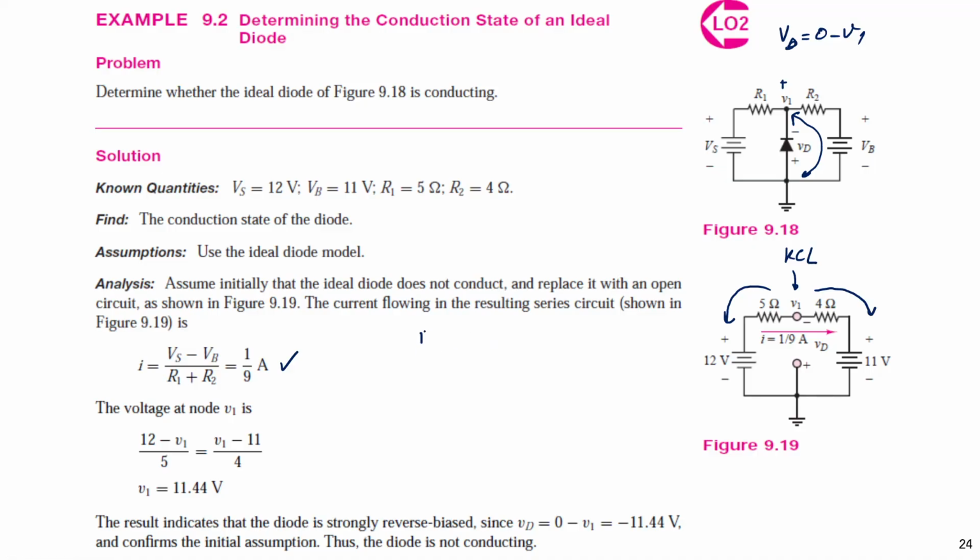So V1 minus 12 divided by 5, plus, since the current flows out, V1 minus 11 divided by 4 equals 0, right? This is the same equation, right? Maybe just of different sign.